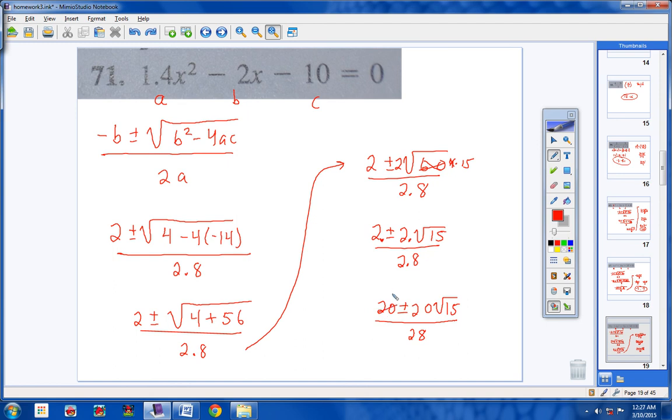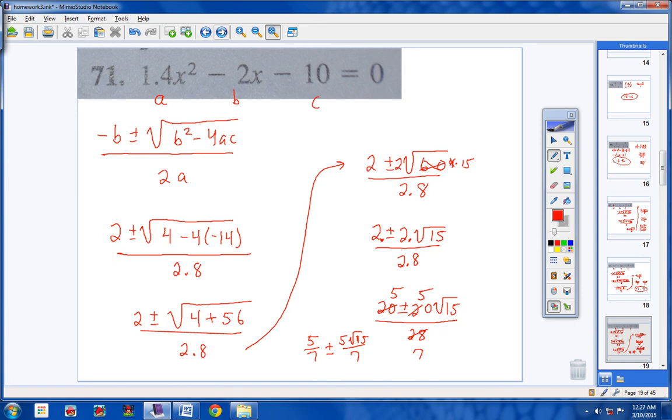So this will become a 5, this will become a 5, and this will become a 7. So your final answer is going to be 5 over 7 plus or minus 5 square root of 15 all over 7. And there it is.